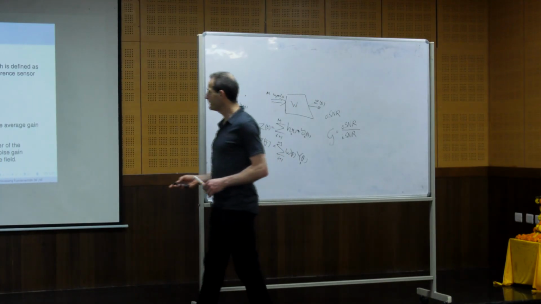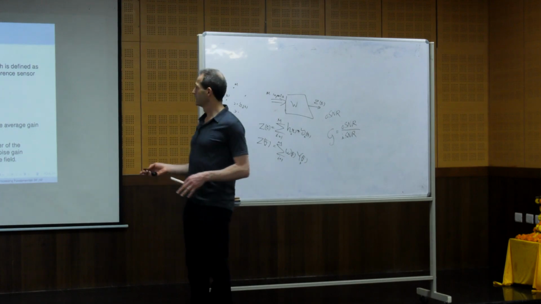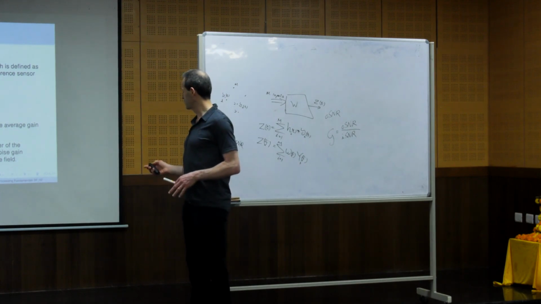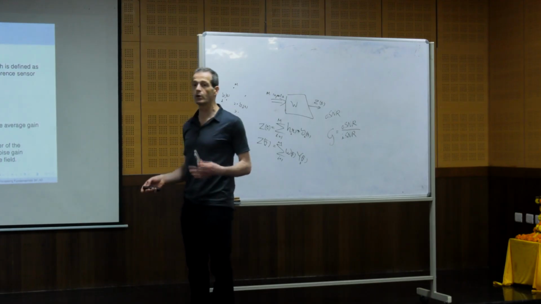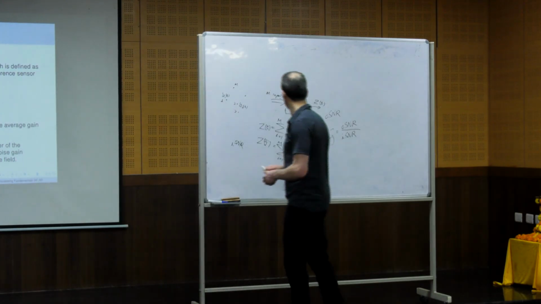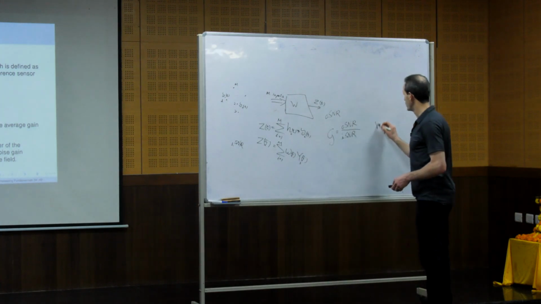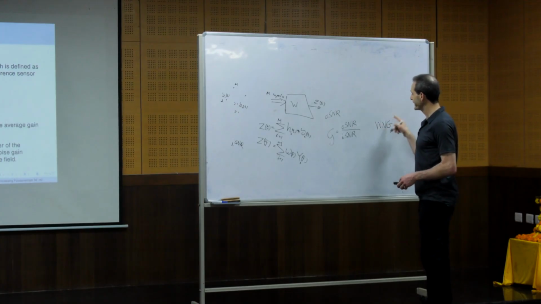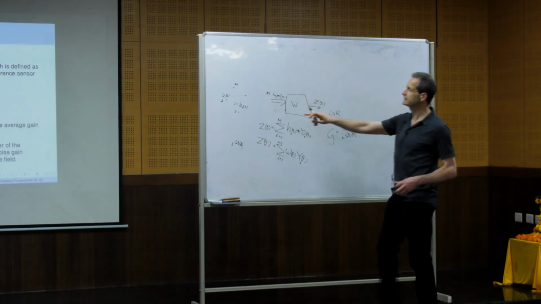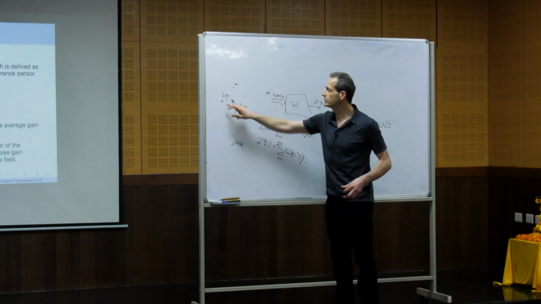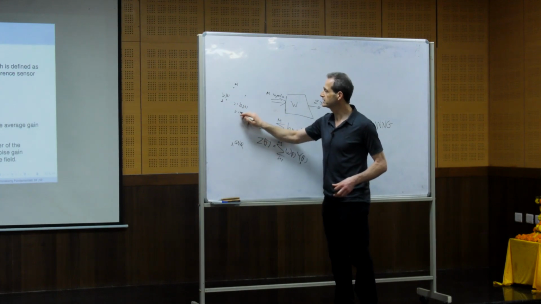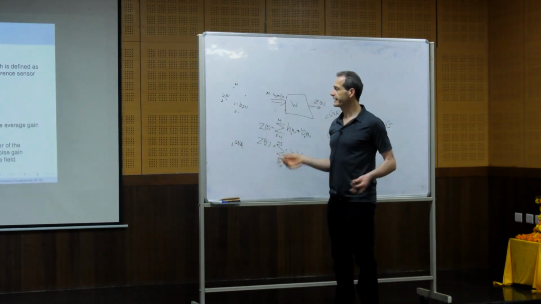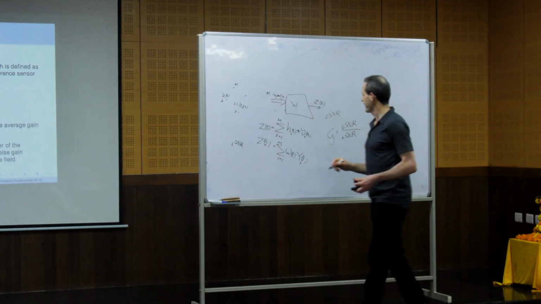If we define this for white noise, we call it white noise gain, which means the array gain when the noise is spatially white, meaning the noise is thermal noise, which is independent in any sensor.